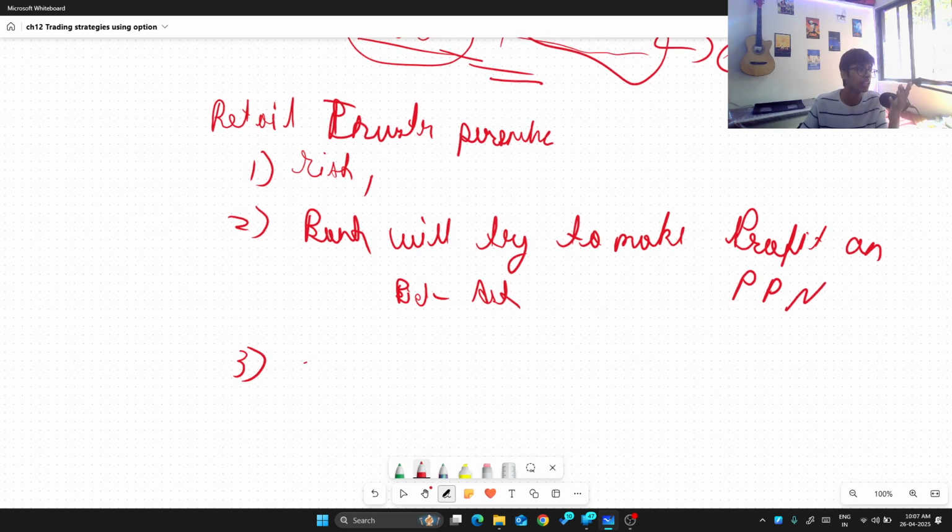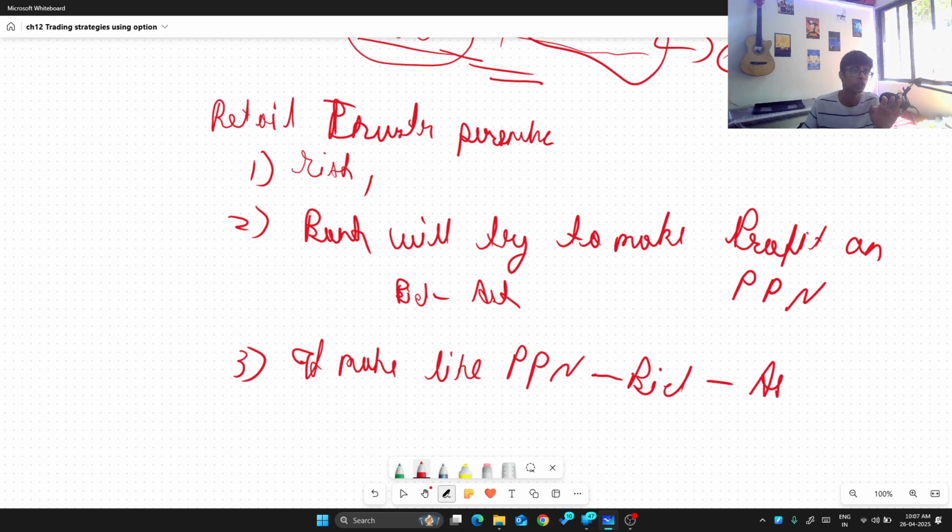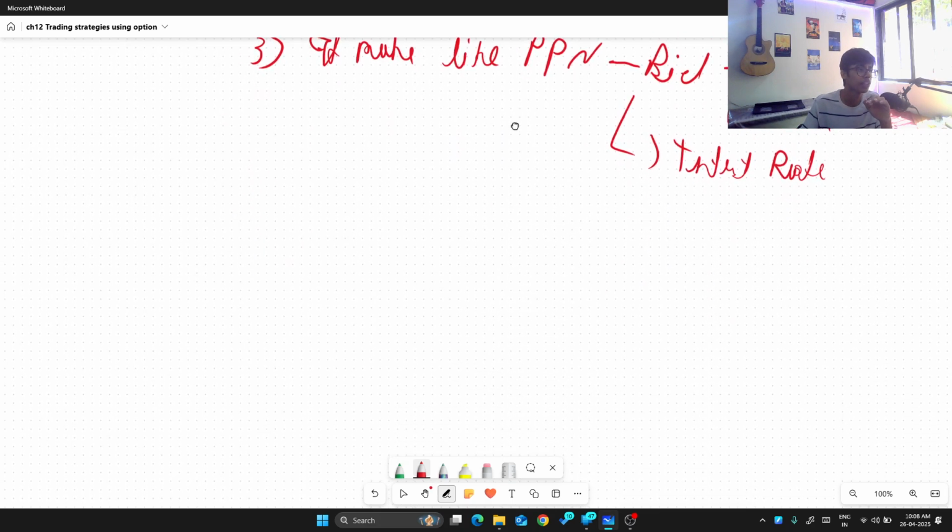If we make our own PPN portfolio, the bid-ask spread will be large for us and the interest rate would be higher, so it is not beneficial for us to make the PPN portfolio ourselves.